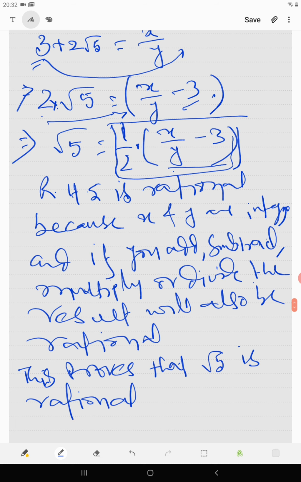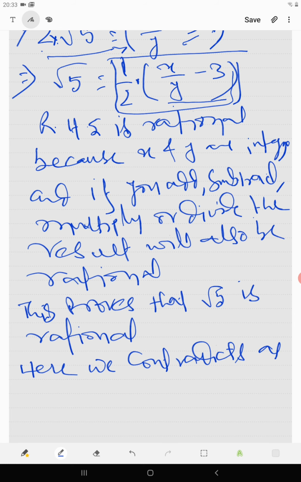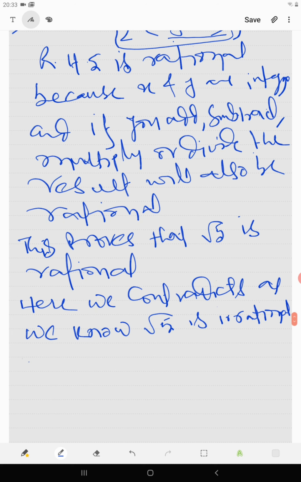So here we get a contradiction. As we know, root 5 is irrational. Hence, our assumption was wrong.